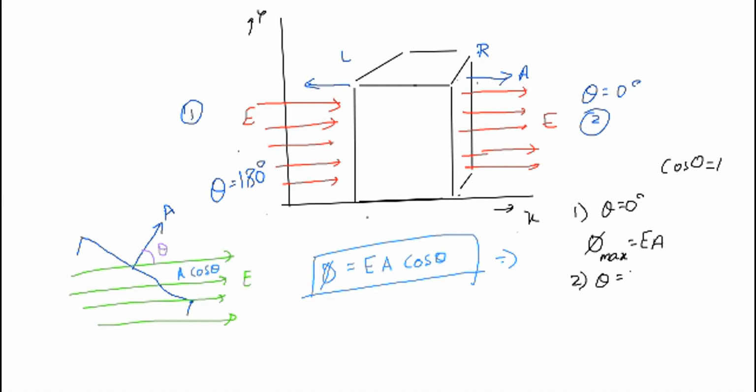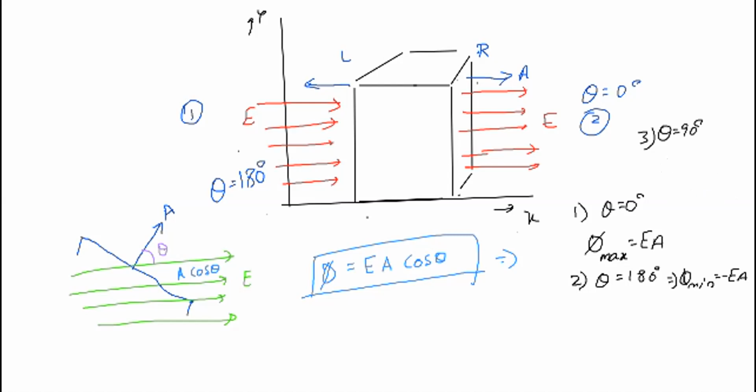Second case, if theta is equal to 180 degrees, cos 180 is equal to minus 1. Then the flux phi is the minimum flux, which is equal to minus EA. Remember that. Similarly, the third case, if theta is equal to 90 degrees, it is a perpendicular case, and when perpendicular no field lines are affected, so the flux phi is equal to 0.